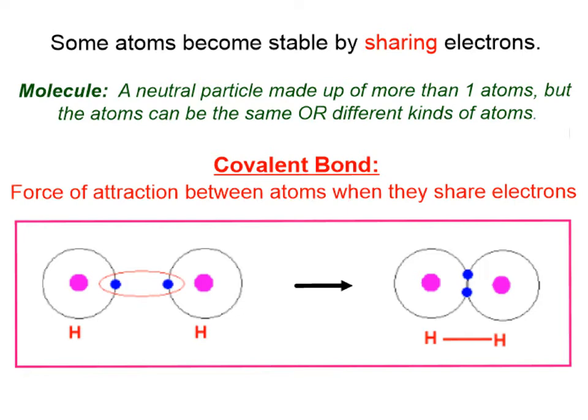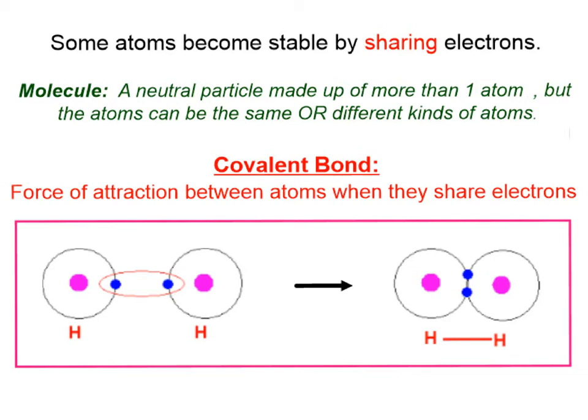One concept to note, we're going to introduce another term called a molecule, and you've heard this a lot. A molecule is just a neutral particle made up of more than one atom. Sorry about the typo there, but the atoms can be the same or different kinds of atoms. So when we say molecule, we can be talking about 2 hydrogens bonded together, or 3 oxygens bonded together.